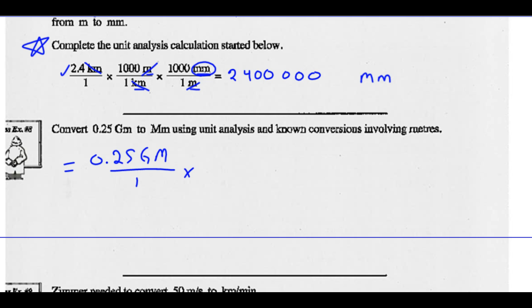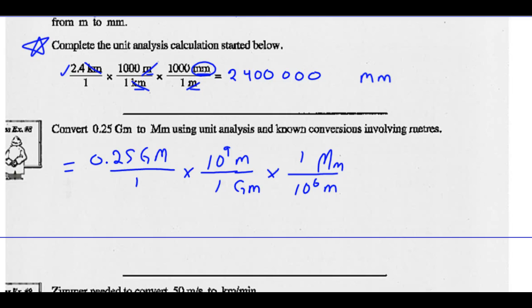I want to convert that to megameters. Well, first let's convert gigameters to meters, because we've got that conversion on our chart. So I know that 1 gigameter is 10 to the 9th meters. And then let's convert meters into megameters. And on that conversion, we know that 1 megameter is 10 to the 6th meters.